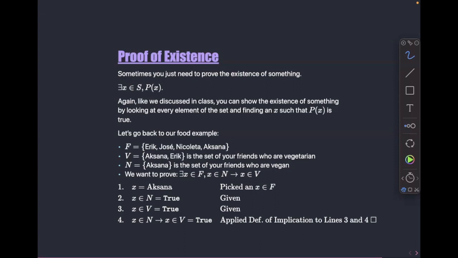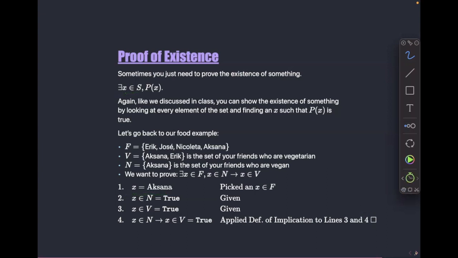So we just applied the definition of implication to lines 2 and 3, sorry, not 3 and 4. But this is the basic idea of a proof by existence: you just have to show it holds for one element if I'm just trying to prove there exists something.